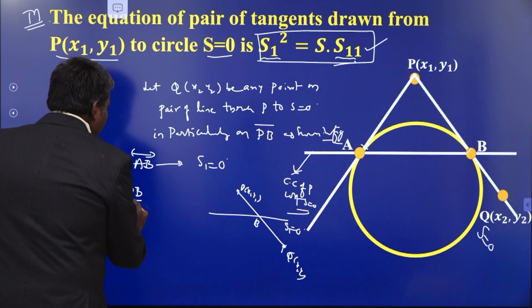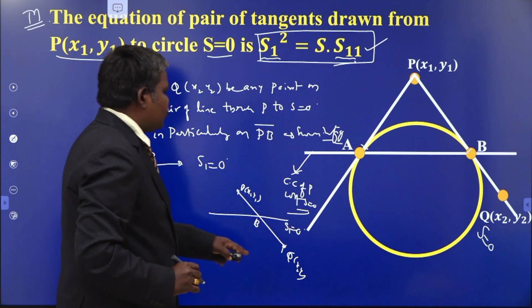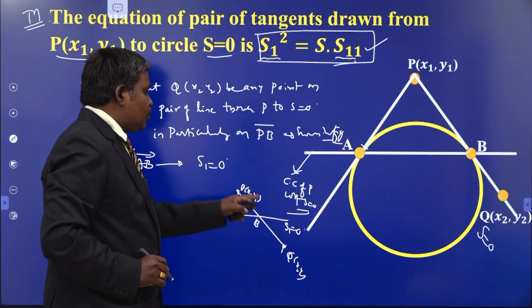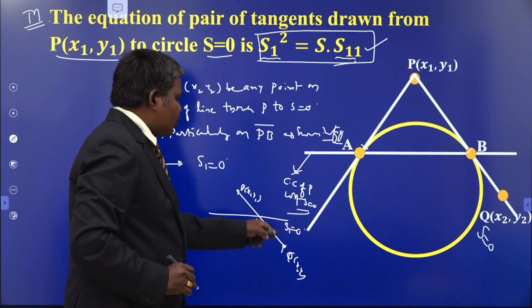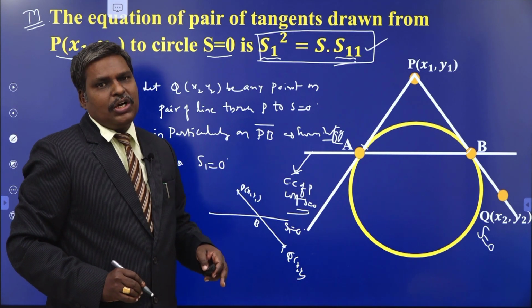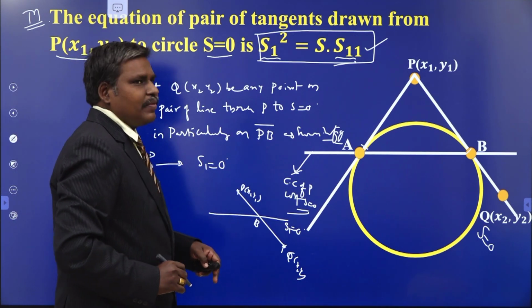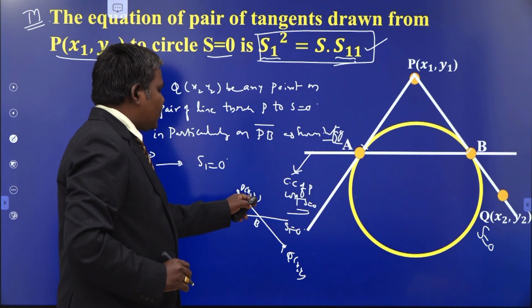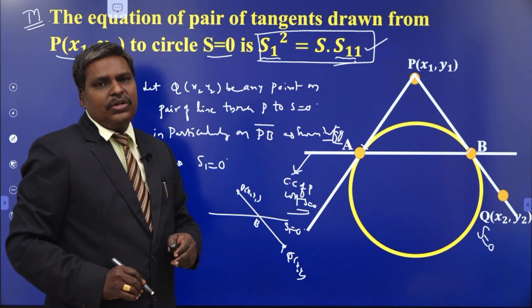From the first year concept itself, if some line L = 0 is there, and (x1, y1), (x2, y2) is the line segment, then L = 0 divides the line segment joining (x1, y1) and (x2, y2) in the ratio -L11 : L22. All of you know that. L11 is obtained by substituting the first point (x1, y1) in L = 0.